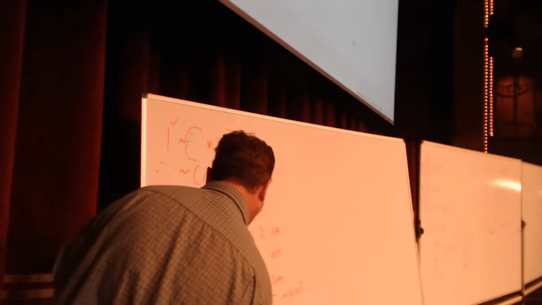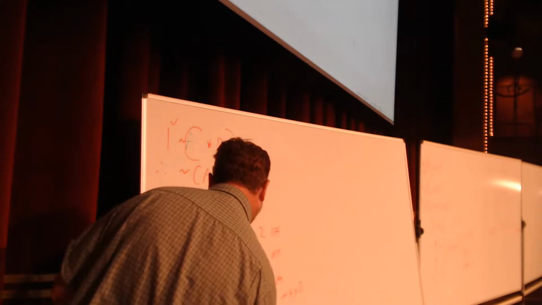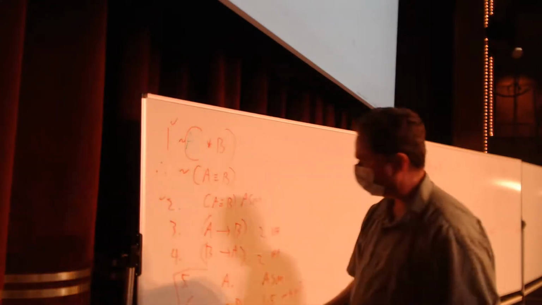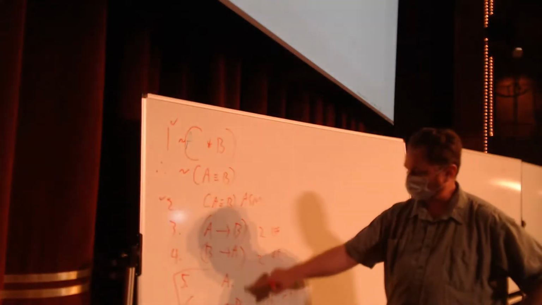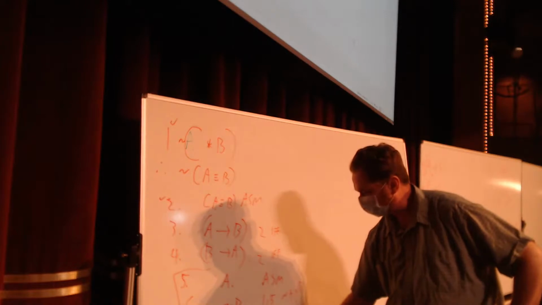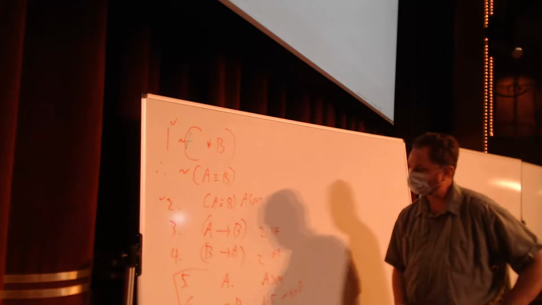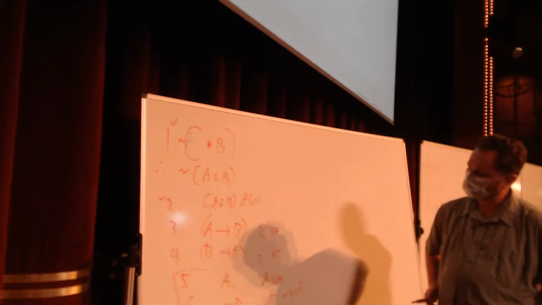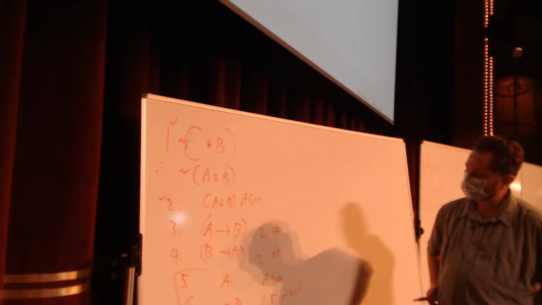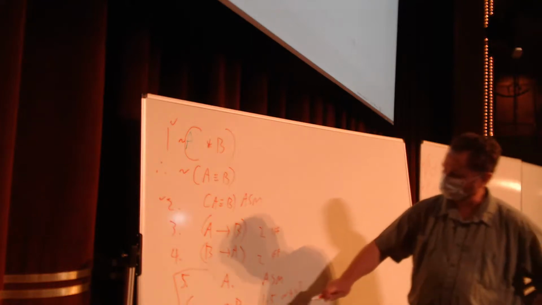So I see why you want to see this one done. You can get the not B from 4 and 8. And then I think we're done. Yeah, we are done.